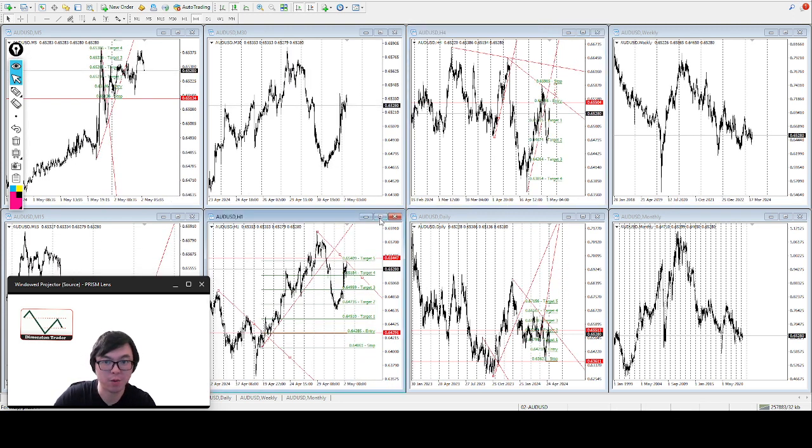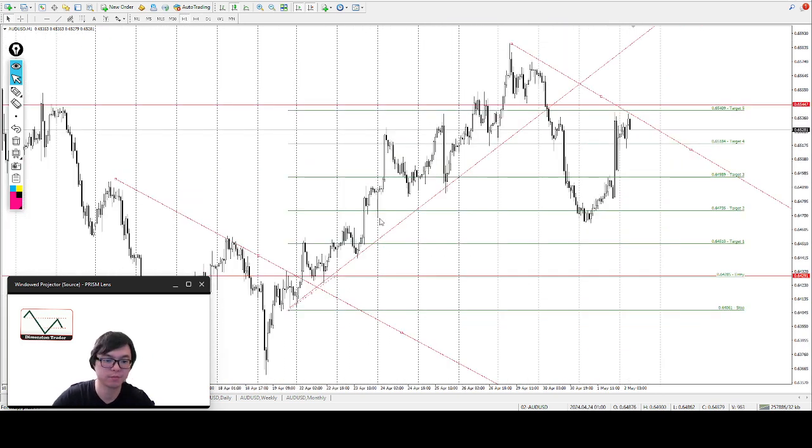Now back to the hour. In the hour, we can see there is the bottom right here, trendline break, pulling back. This is a good long trade for around 20 pips.